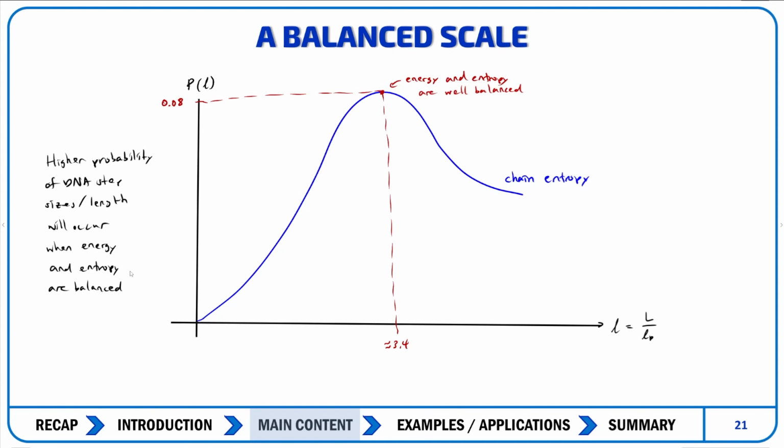So essentially, the take-home message from here is that if you do have a particular length that is preferred and at a high probability of occurrence, then you know that at that point, the entropy is going to be at a maximum, and that both the energy available in the system and the entropy there are going to be well balanced and optimized to occur with high probability.